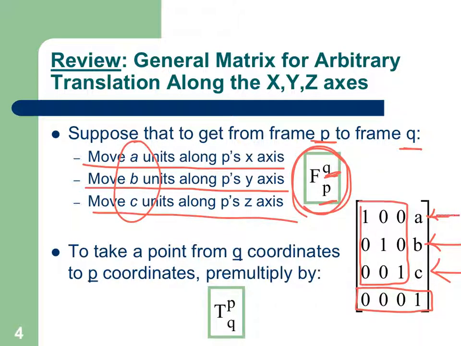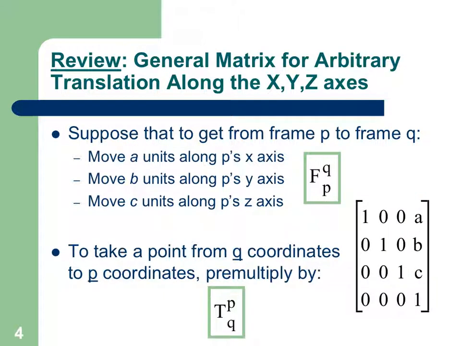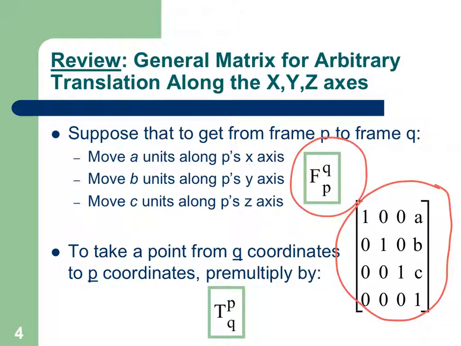So now we have a 4 by 4 matrix, and I'm going to call this matrix the frame transformation between P and Q.